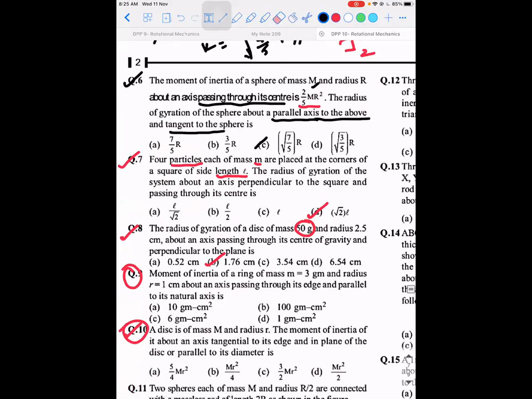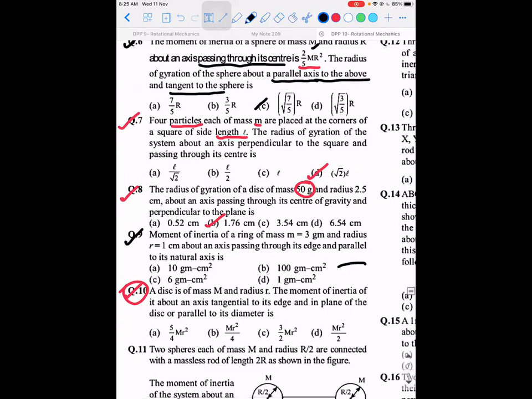Similarly, now you guys try 9th one. Moment of inertia of a ring of mass m is equal to 3 grams and radius 1 centimeter about an axis passing through its edge and parallel to its natural axis. So it is like this. Natural axis, it is passing through the edge.